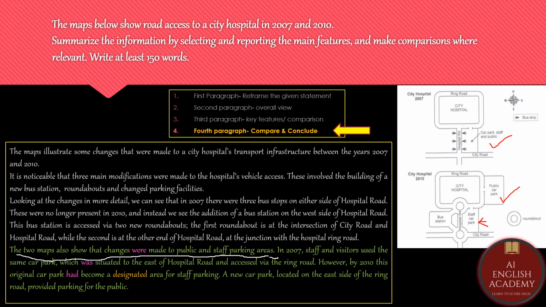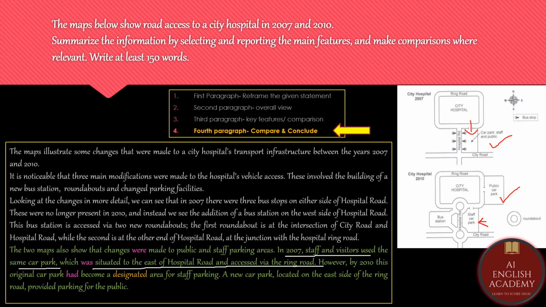Okay, further we have mentioned in 2007 staff and visitors use the same car park. You can note this on the map, which was situated on the east of Hospital Road and accessed via the ring road. Okay, here you can see with the help of ring road people access this road.